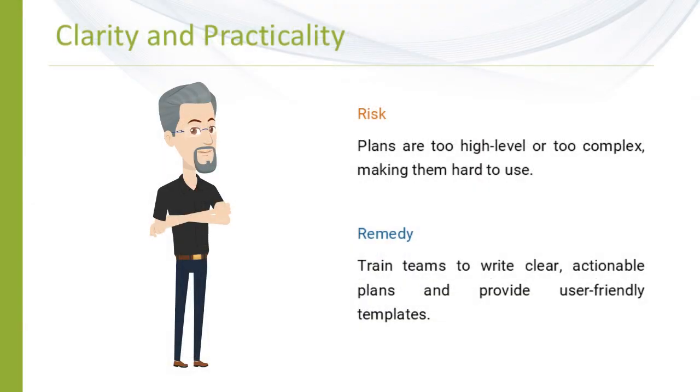When planning, we do run the risk sometimes of making a plan too high level. It speaks to intent, but you really can't make actions from it. On the other hand, you can get into so much detail, over prescribing, it becomes too complex, and it just makes it hard for people to interpret and also to use. What we need to do is come back to first principles of planning.